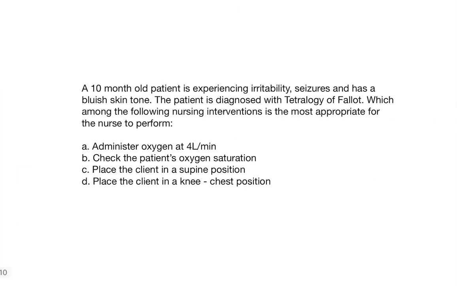This is all you have to remember for the Tetralogy of Fallot. Okay, so again, a patient with seizures and a bluish skin tone is diagnosed with Tetralogy of Fallot. So what we remember from Tetralogy of Fallot: the 4, pulmonary stenosis, ventricular septal defect, right ventricular hypertrophy, and overriding of aorta. That it is cyanotic.